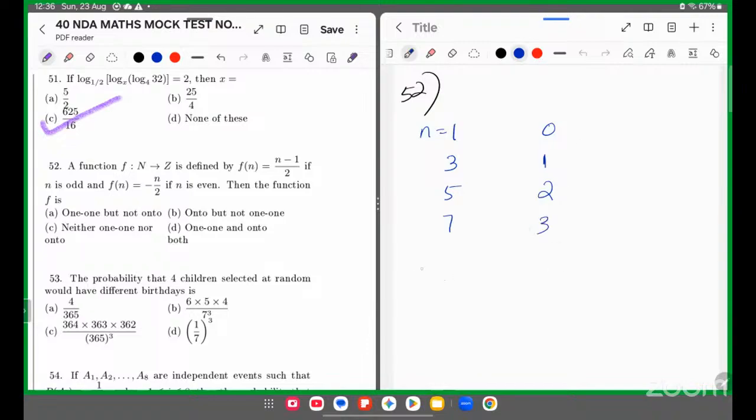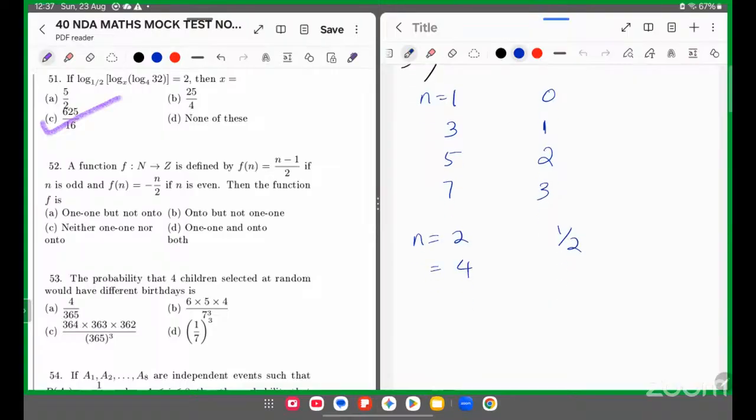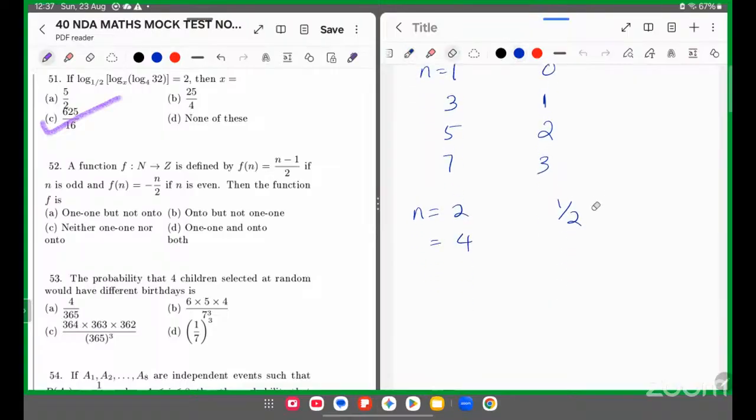When you put n equal to 2, for even n, here you have to use the definition minus n by 2. Minus n by 2 means minus 2 by 2, minus 1. Here it is minus 4 by 2, minus 2. When you put n equal to 6, minus 6 by 2 becomes minus 3.